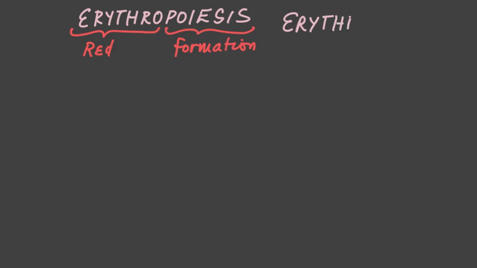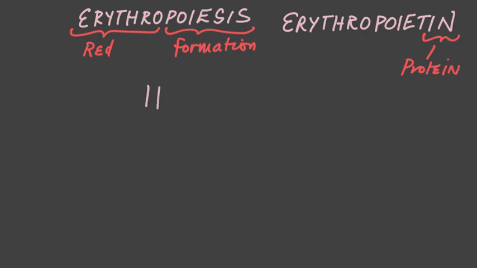Here's another word, erythropoietin. We know that erythro means red, poiesis means formation, but the suffix "n" means protein. So erythropoietin is a protein that helps in the formation of red blood cells.